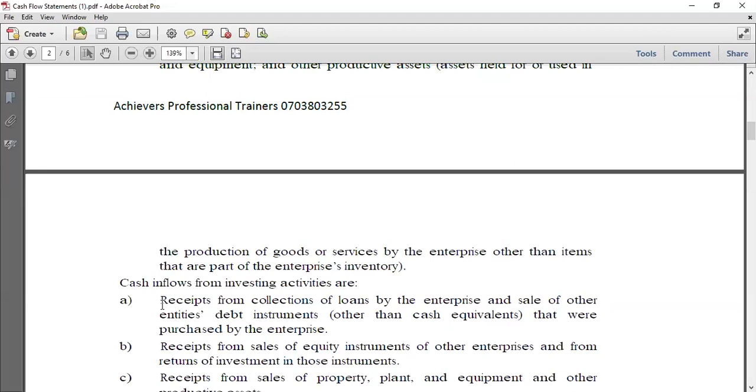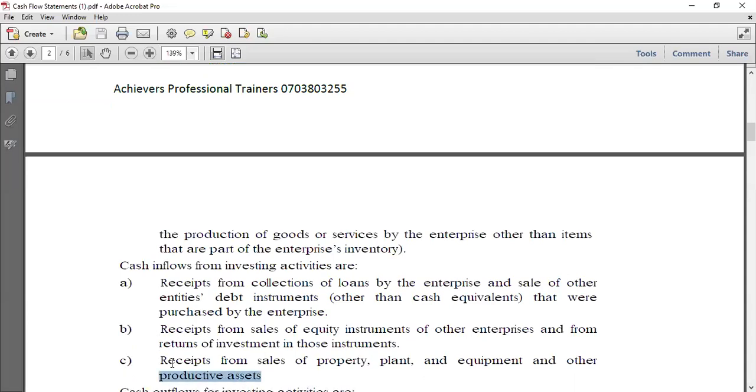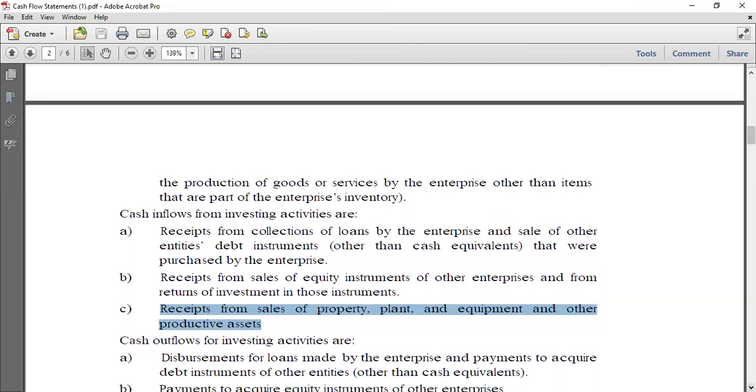For example, if we give a loan to another entity, it's an investing activity, okay? If, for example, we invest in another entity, it's an investing activity, okay? That's what they are trying to include here. And then, of course, the other that is also very common is the receipts from sale of property, plant and equipment. When we dispose of the assets, that receipt is regarded as a cash inflow from investing activity, okay?